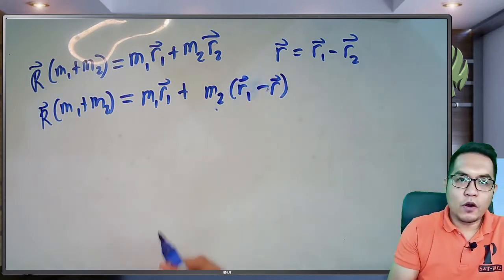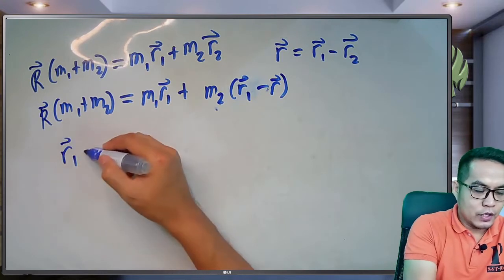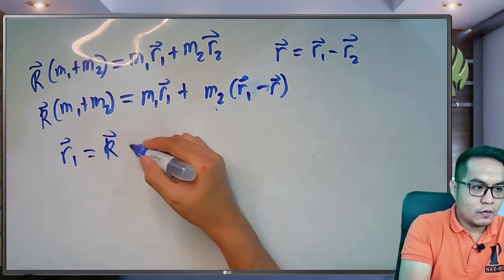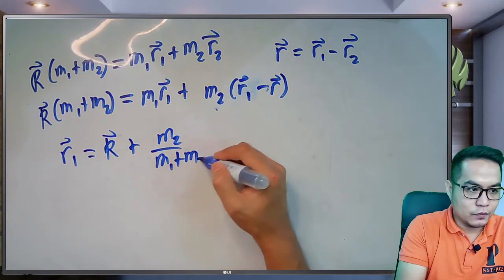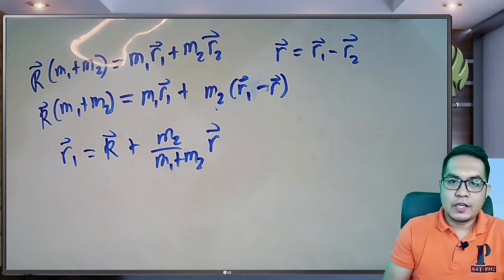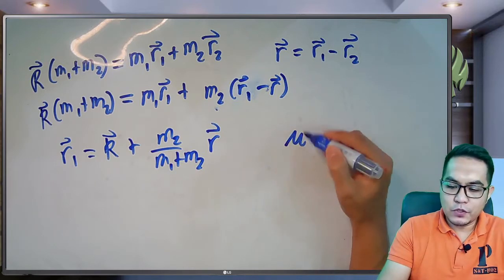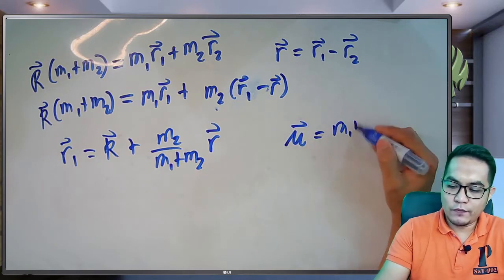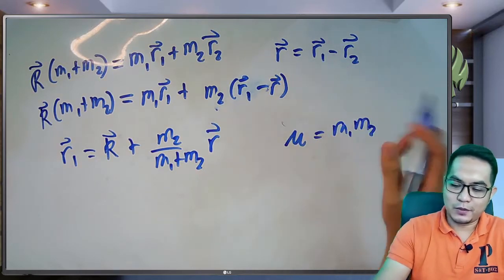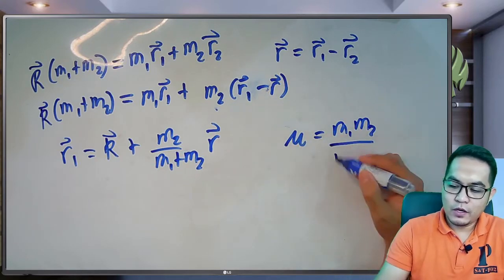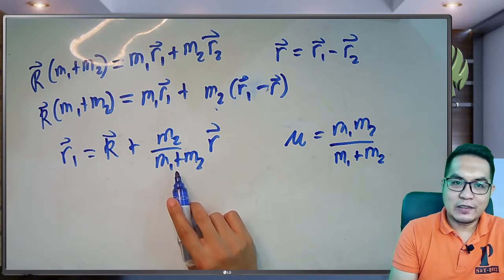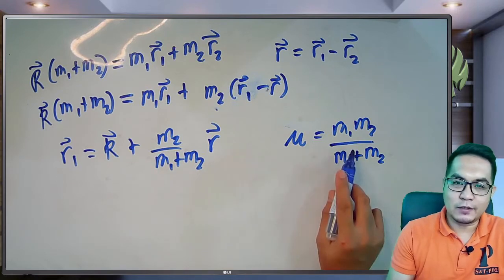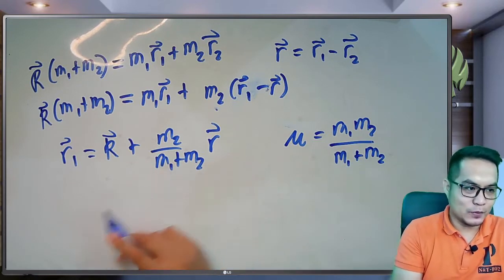Now solve for r1 and you will get r plus m2 over m1 plus m2 r. Now from our definition of the reduced mass, this is just m1 m2 over m1 plus m2, so this is not a vector. So therefore this term here is just the reduced mass, divided by m2.